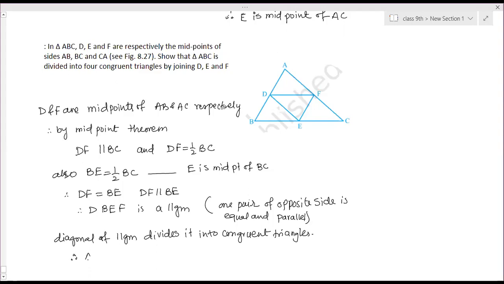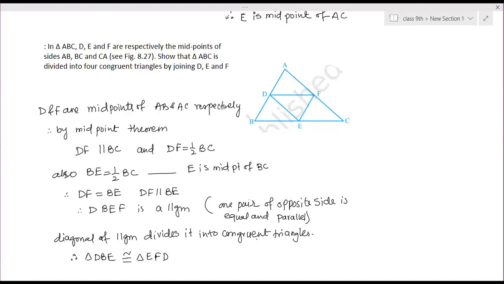Therefore, triangle DBE is congruent to triangle EFD. So one part proved, remaining parts you can prove.